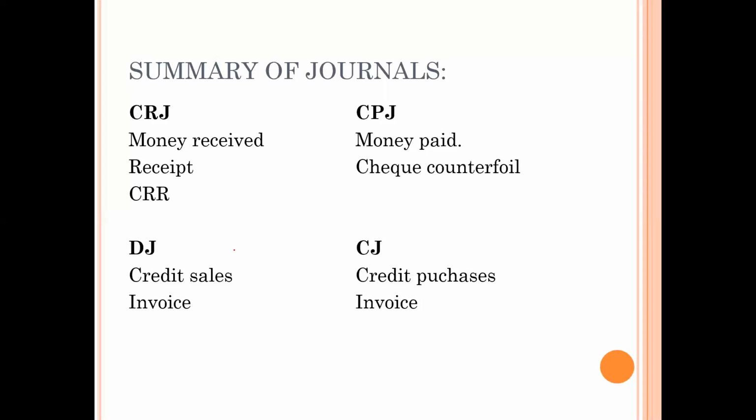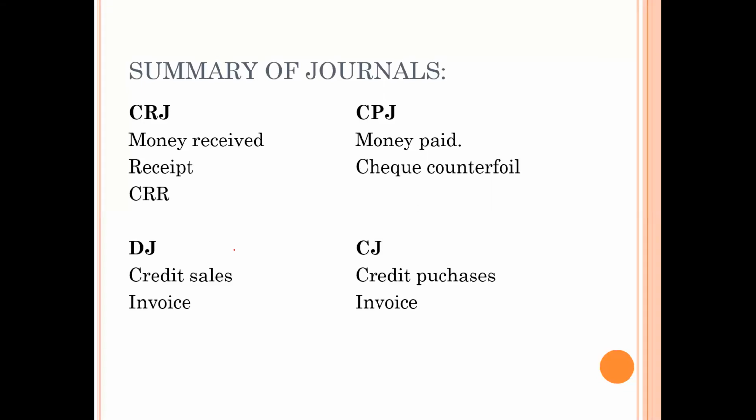You read a transaction, understand what's going on, and decide, for instance, that this transaction must go to the CRJ. Then you read the next transaction, understand it, and decide that it should go to the Creditors Journal, for instance.